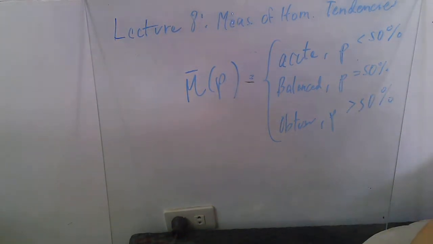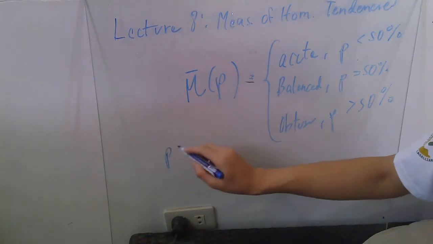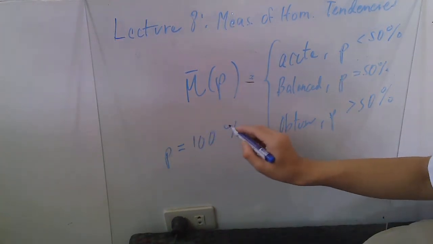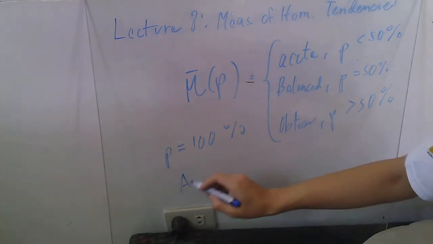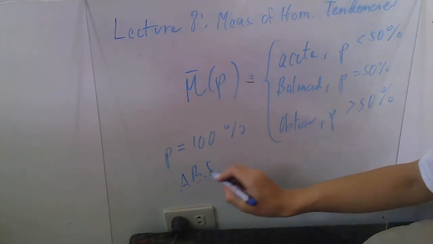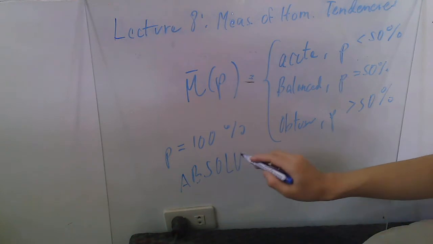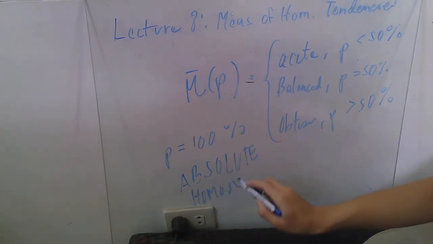A special case of this function is when P is equal to 100%, which is called an absolute homosexual. So a very, very gay person, you cannot convince him to not be gay. Absolute homosexual.